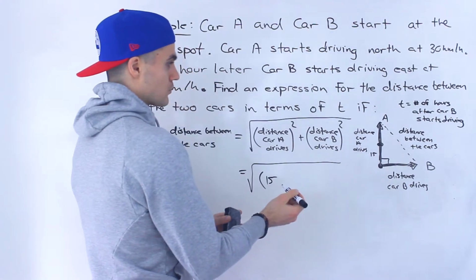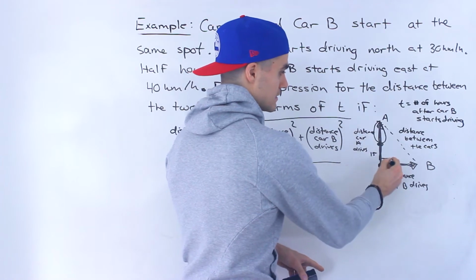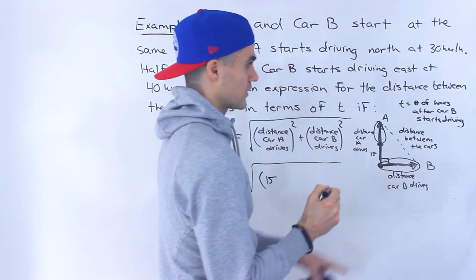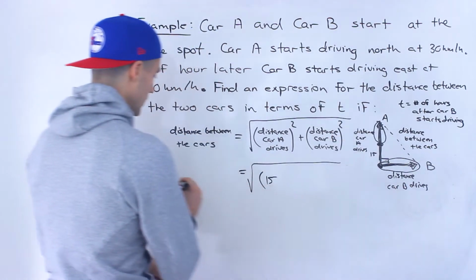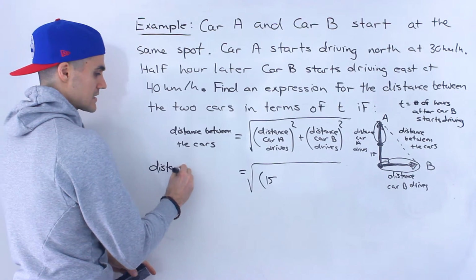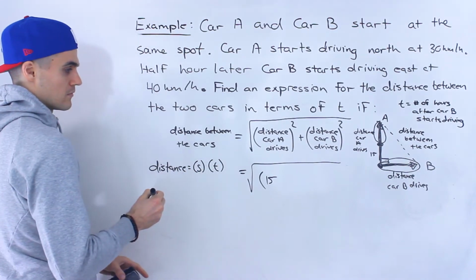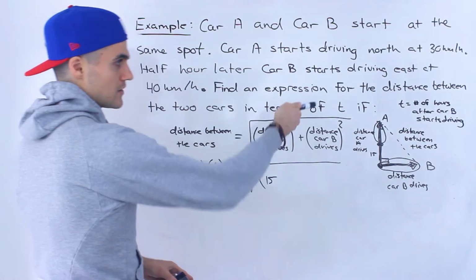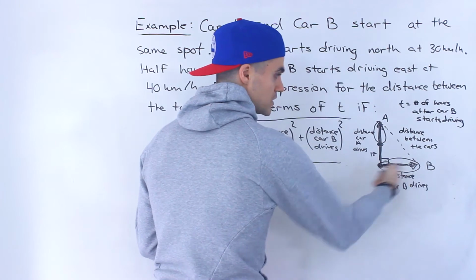So how can we create expressions for this and this over here if T is the number of hours after car B starts driving? Well, we know just in general, what does distance equal? Distance is equal to speed times time. And if we're letting time be the number of hours after car B starts driving, what's the distance that car B drives?